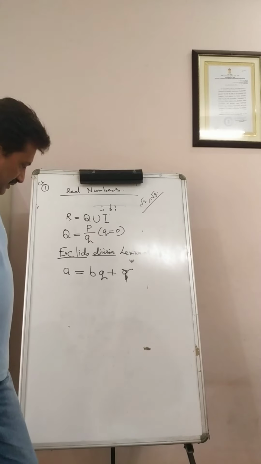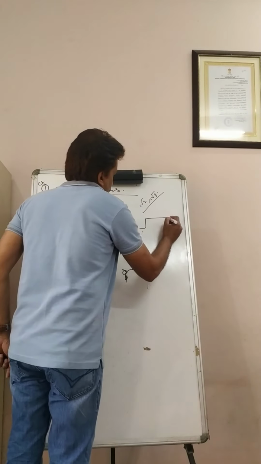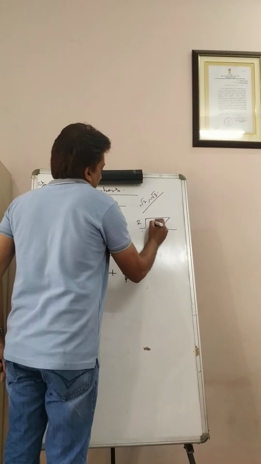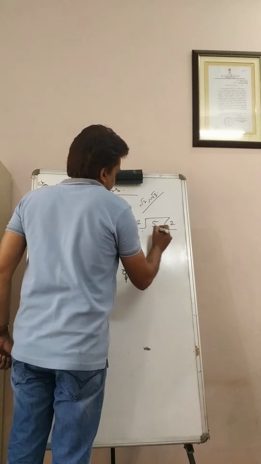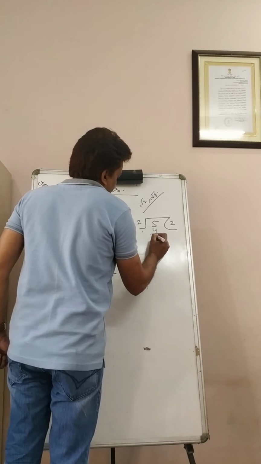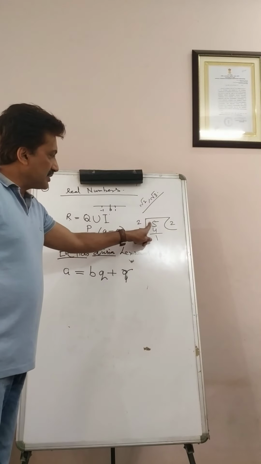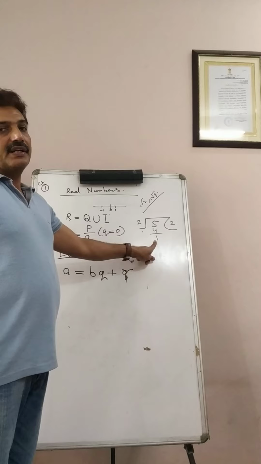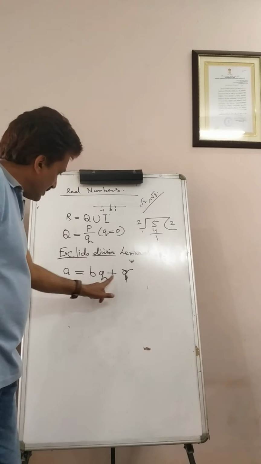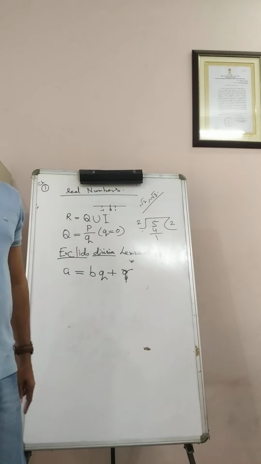For example, 5 divided by 2: 2 into 2 equals 4, and here 1. This one is the divisor, this one is the dividend, this one is the quotient, and this one is the remainder. If you solve these numbers according to this, you will get the same number on both sides.